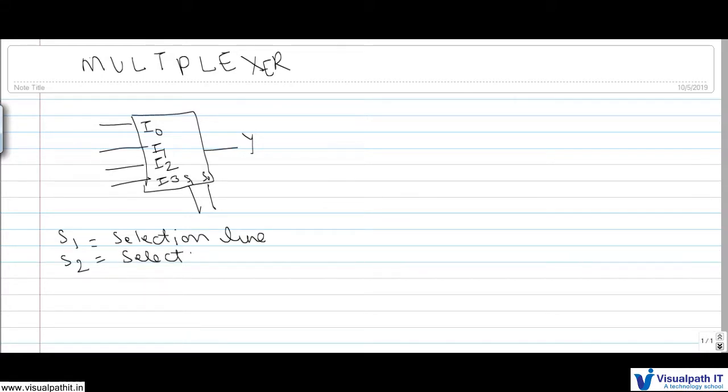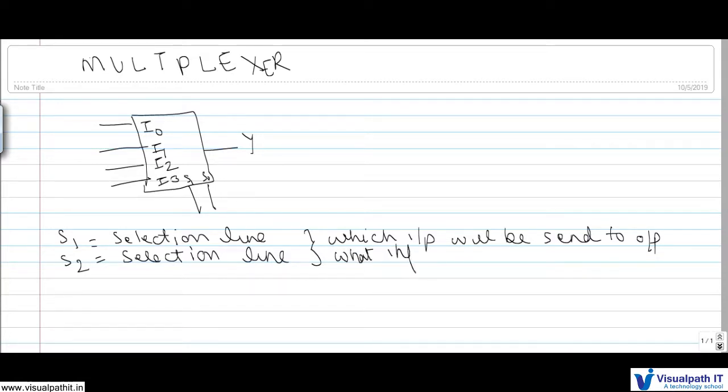Now, what is the use of a selection line? The selection line will decide which input has to be sent over to the output, that is, what information needs to be transmitted.